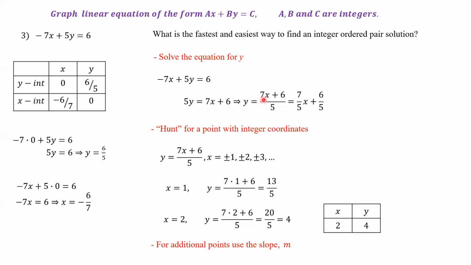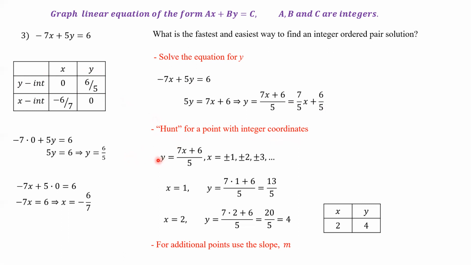Now, if I divide each term in my numerator by the denominator, I'm going to get 7/5 x plus 6/5. You probably recognized it as slope-intercept form, where 7/5 is the slope and 6/5 is the y-intercept, which we already found. Step number 2, hunt for a point with integer coordinates.